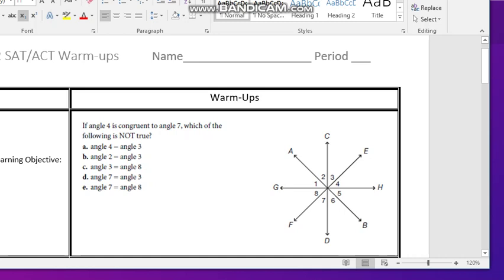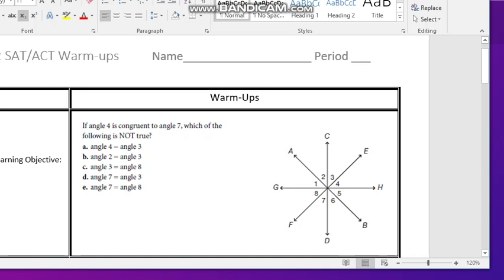So we can only go in knowing that these are the angles, and that angle 4 and angle 7 are congruent. That's our given information. However, there is an angle relationship here that we've talked about before. Each angle across the vertex is congruent.